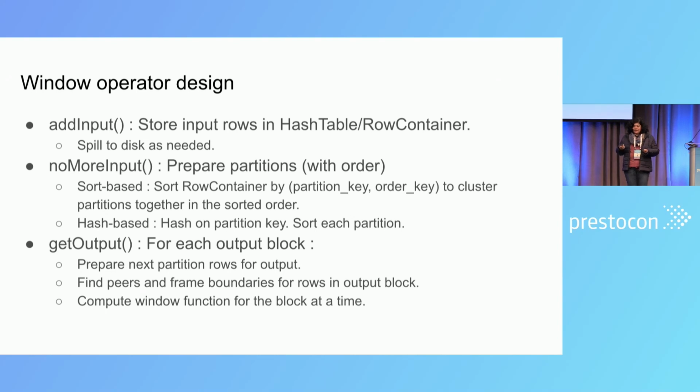What that means is for every row, you figure out what the peers and the frame boundaries are for each row. Then this whole metadata, so to speak, of the row, the peer, and the frame, is passed to the window function, and the window function computes the window function value. And this is all a block at a time, or vector at a time.